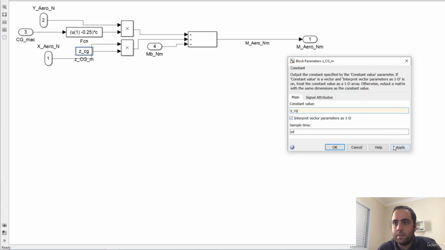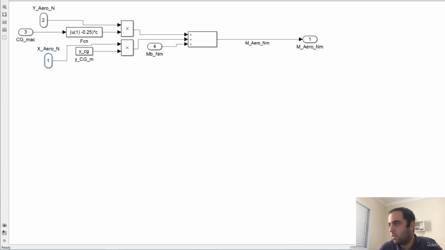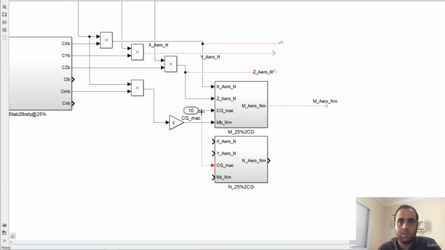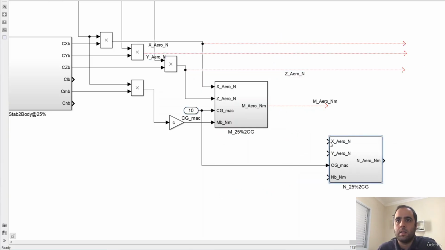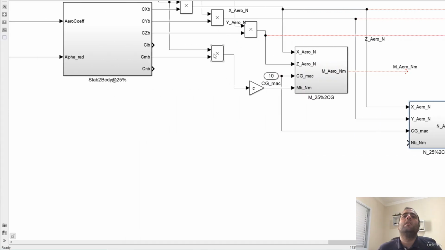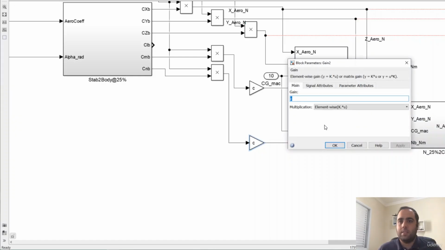So it's the YCG times X force, and the Y force times the XCG. So we're correct, and we sum them up. So this is the N body in newton meters. This is going to be an aero. And now the reference length is B.